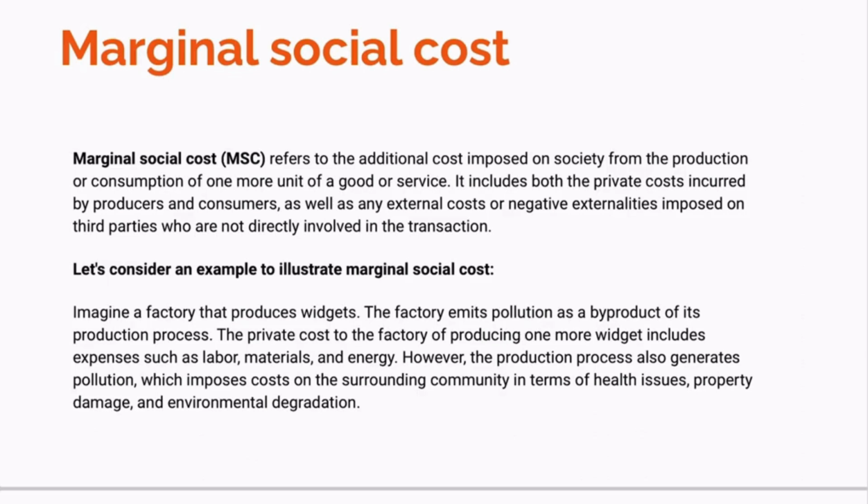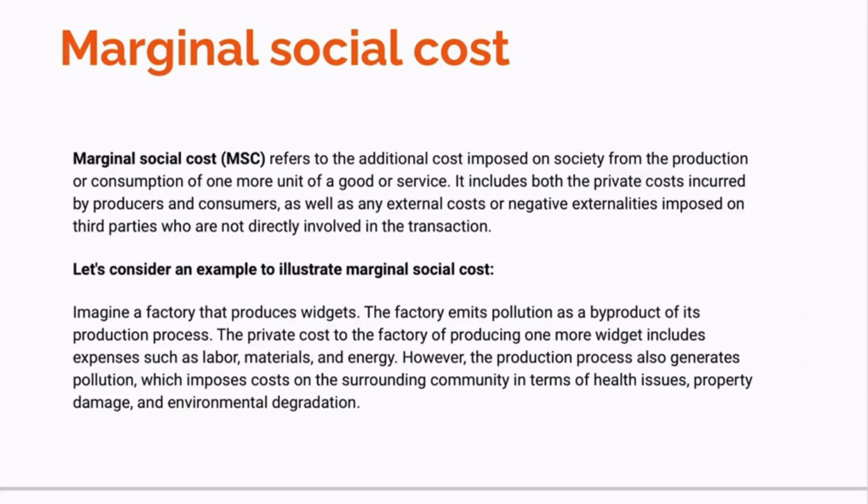The marginal social cost refers to the additional cost which is imposed on the society, and this would come either from the production of one unit of service or some goods, or from the consumption of one more unit of a good or one more unit of a service, right? So both goods and services are considered here as products.